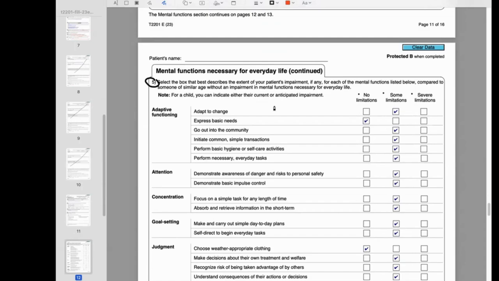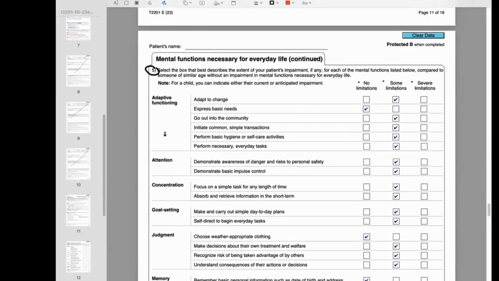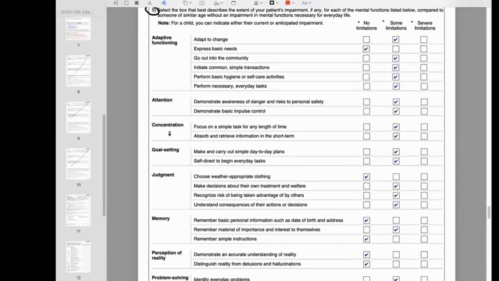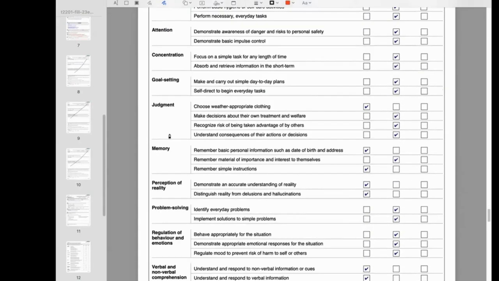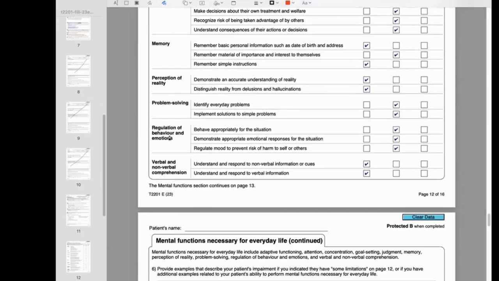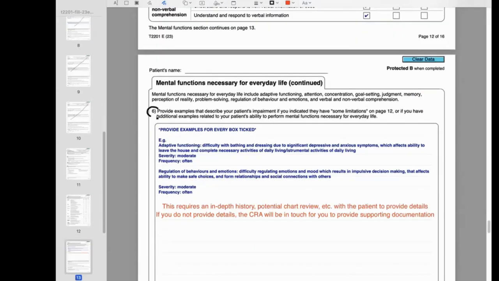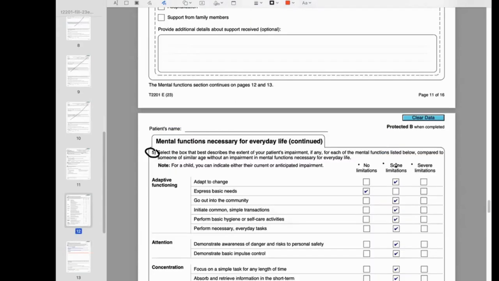But again, we're using our best judgment. I usually like to go through this with my patient, and connect with their psychologist or psychiatrist if possible to get some of their input. And it goes through a lot of these tick boxes, as you can see. And here is where we're providing as clear examples as possible for every box that is ticked as having some limitations or severe limitations.